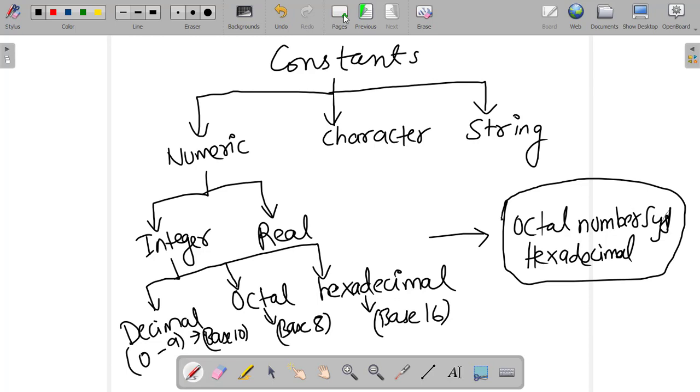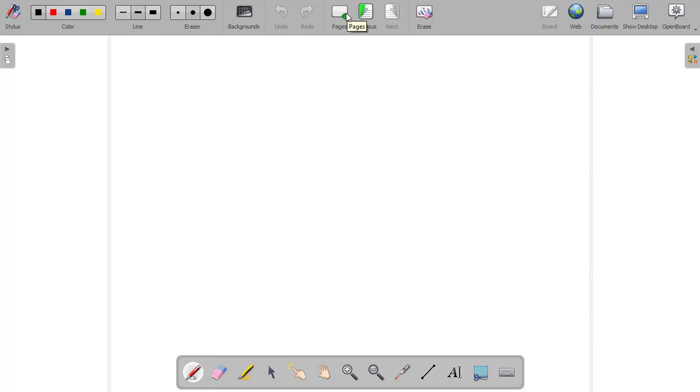And now I think I am running out of time, but I can explain the last topic here. The rest two topics, like variables. See, variables in maths is like what? We assume anything that we do not know as variables. Like suppose the age of Ram is X years. We do not know the age of Ram, so we assume it as X years. But here in programming, variable means it is a name.